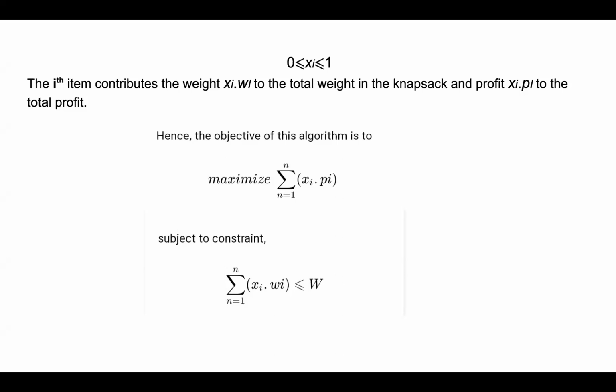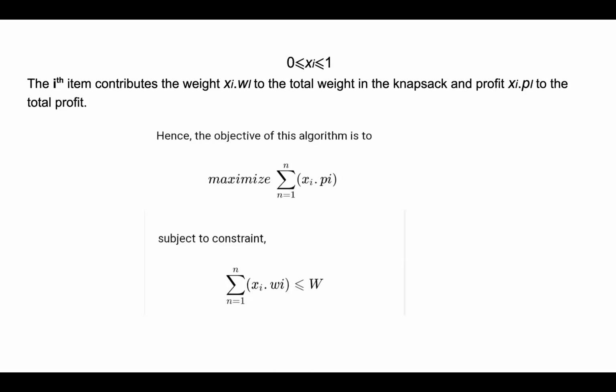Okay, to the total weight in the knapsack. Knapsackच्या वेटचा जो काही पार्ट असेल तो त्या ith item च्या fractionनी कॉन्ट्रीब्यूट केलेला असेल तो किती असेल? xi into wi. Okay, to the total weight in the knapsack, and profit xi into pi to the total profit.